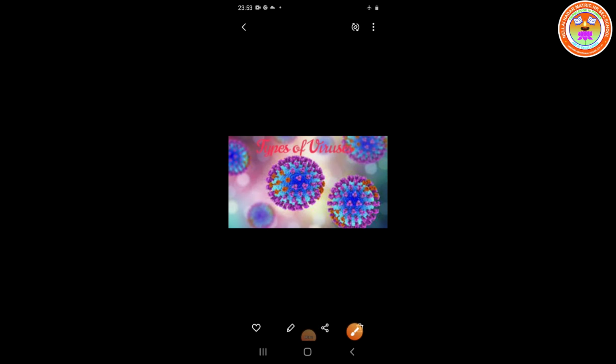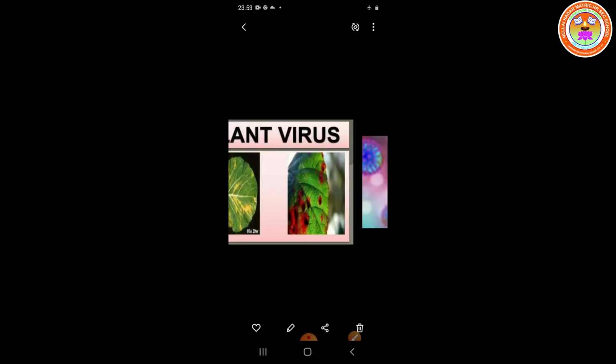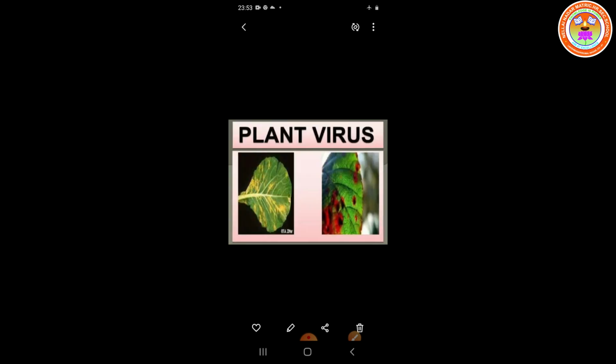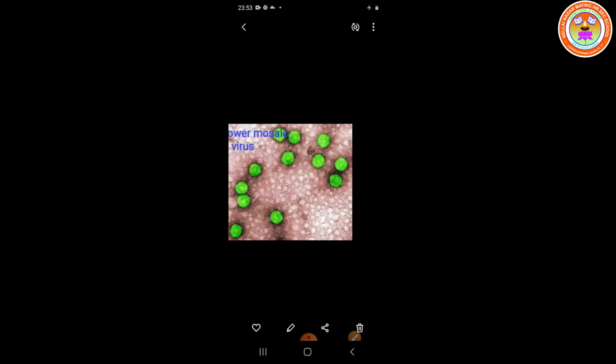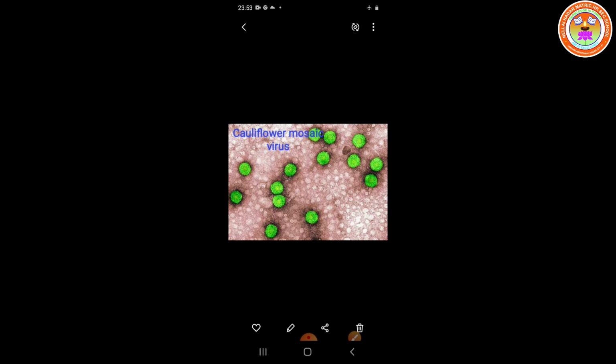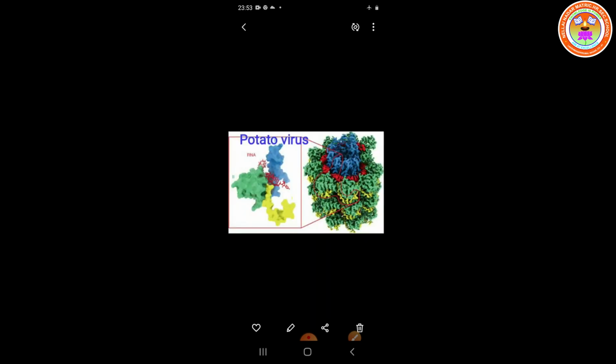Types of viruses. Children, viruses are divided into three categories. The first one, plant virus. A virus which affects plants is called a plant virus. Examples: tobacco mosaic virus, cauliflower mosaic virus, potato virus.